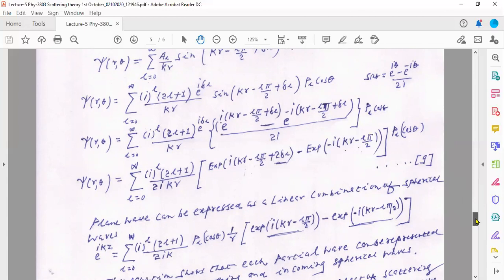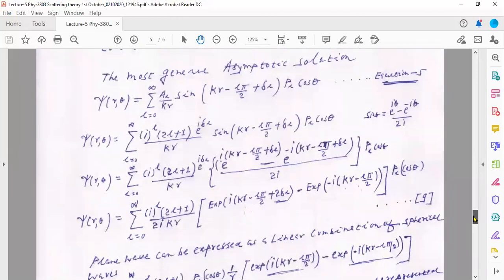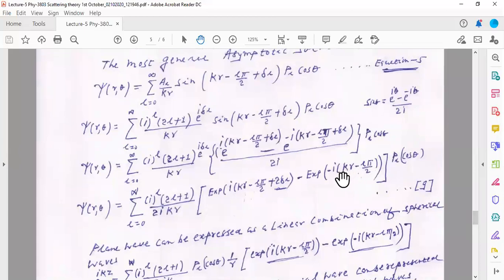That's why this expression says that the effect of scattering potential is to shift the phase of the outgoing wave relative to the incoming. The incoming wave is e to the power of minus ikr minus L pi by 2.